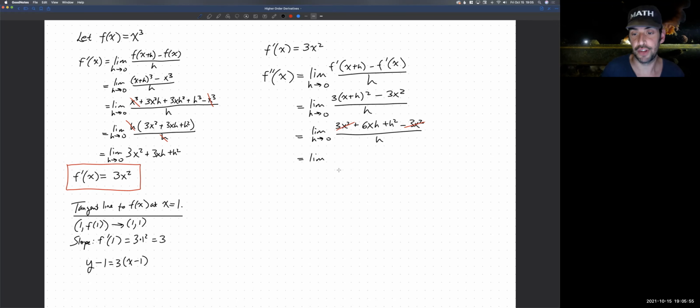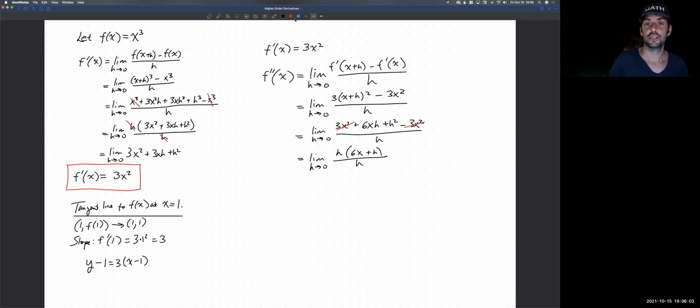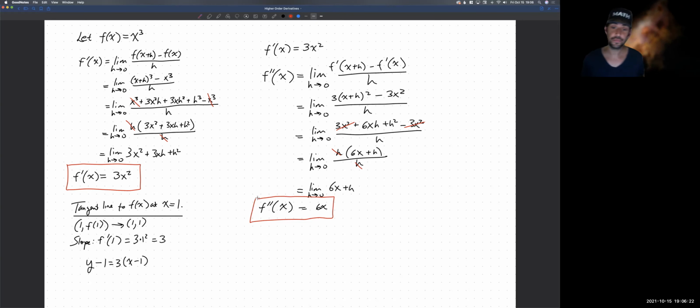And then we can factor out an h, so 6x plus h over h. The h factors cancel, and we get a limit as h goes to 0 of 6x plus h equals 6x. And so what we have here, f double prime is equal to 6x.